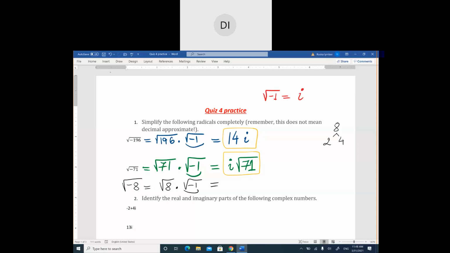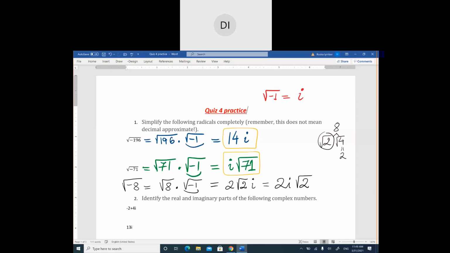The square root of 4 is 2, and square root of 2 stays there. So square root of 8 is actually 2 square root of 2. Then you need to put the I. When you have a number and a square root, I goes between them, so it's 2I square root of 2.